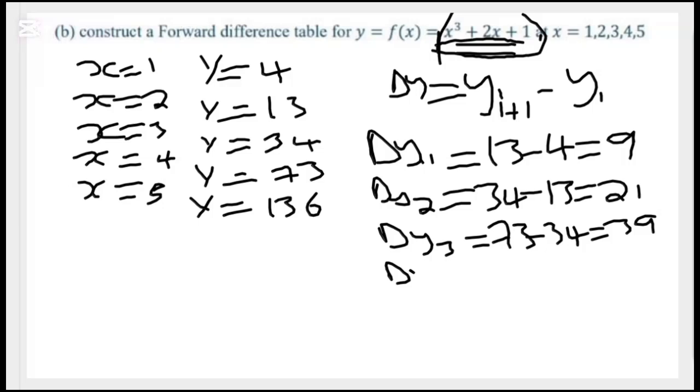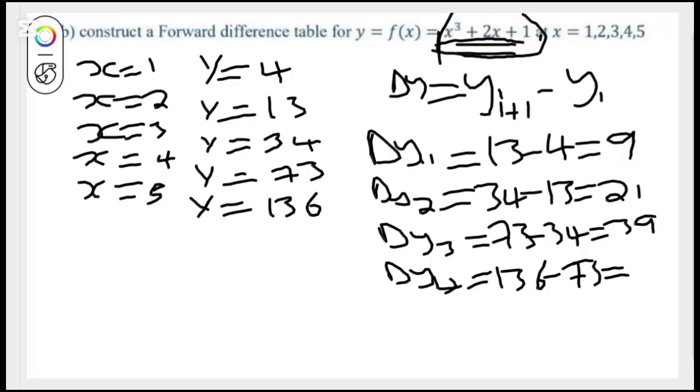And therefore dy4 will be 136 minus 73, so 136 minus 73 equals 63.